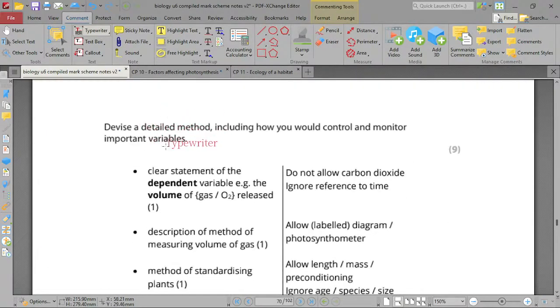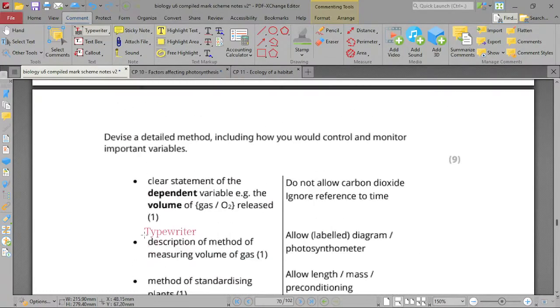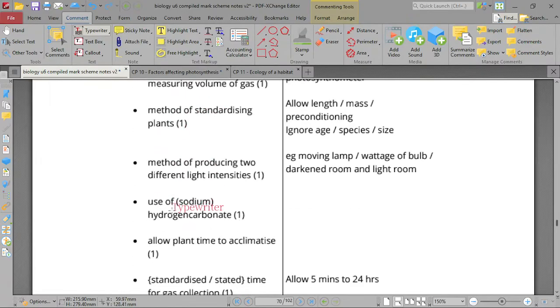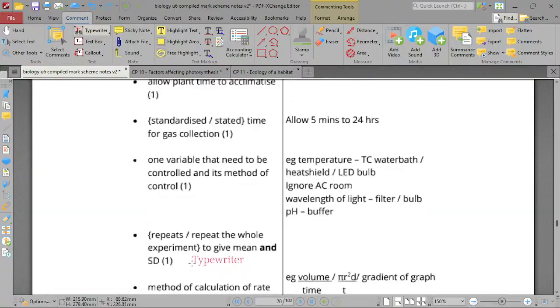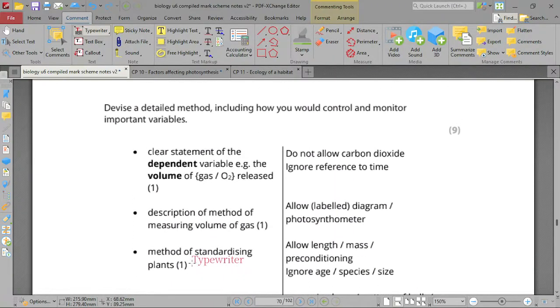Now over here, when we talk about the actual detailed method, let's look at this very carefully. There's 9 marks, labeled 1, 2, 3, 4, 5, 6, 7, 8, 9, 10 marks that you can score. Most of these should be pretty easy. Clear statement of the dependent variable.